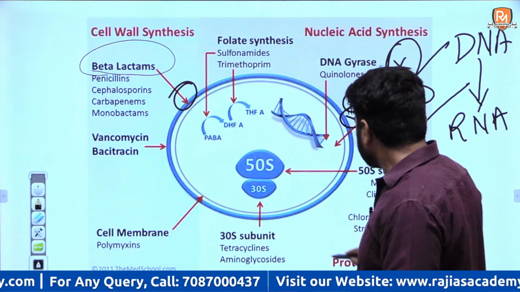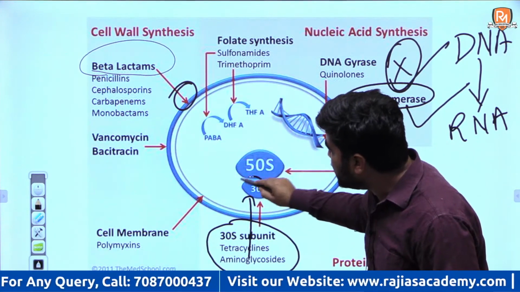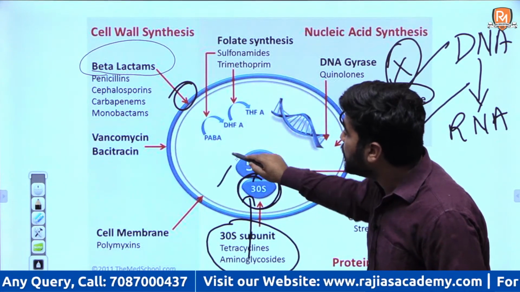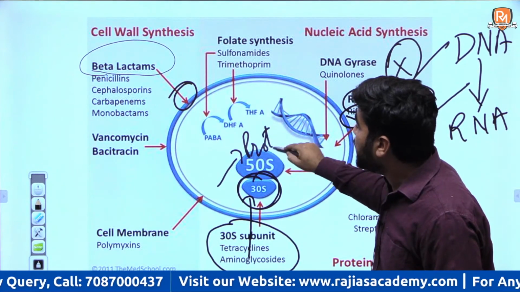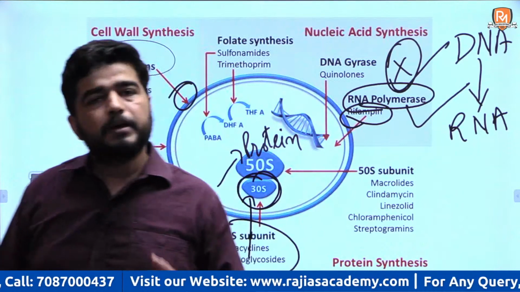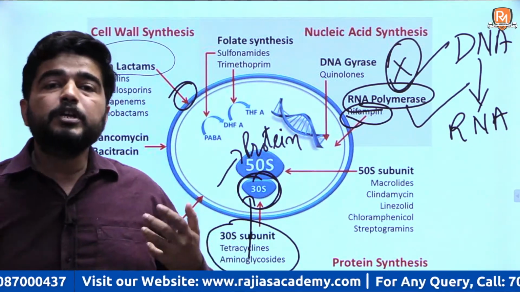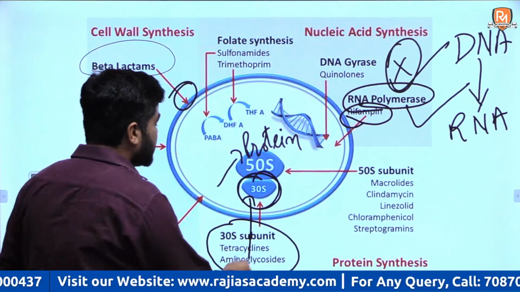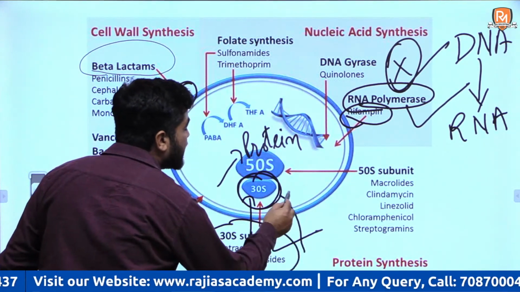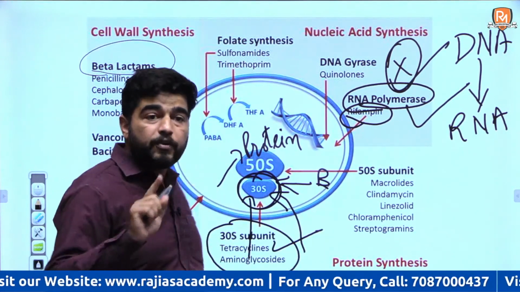Getting my point? In the same way, tetracycline stops the protein synthesis, and protein synthesis is important for any living organism, bacteria, fungi, for us also. But when we use these antibiotics, for example tetracycline, it will target the ribosome of bacteria only, not our ribosome.